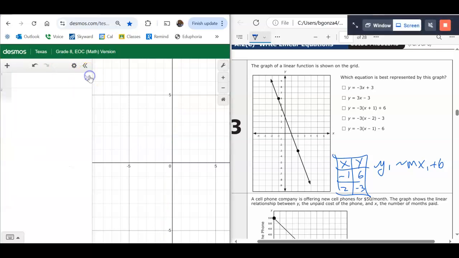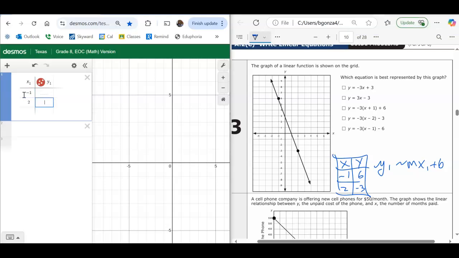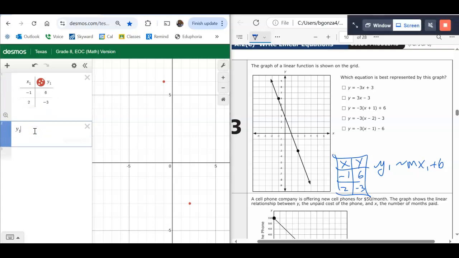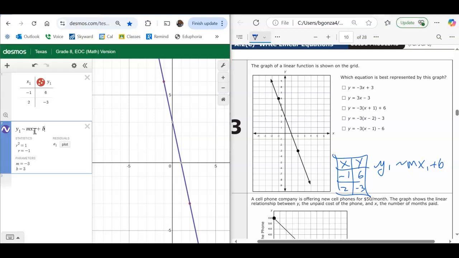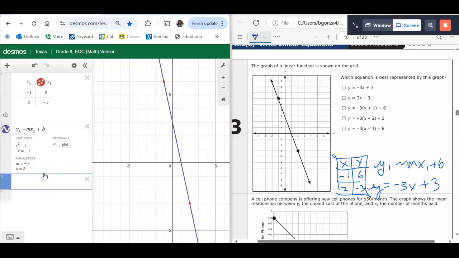So negative 1, 2, 6, negative 3, y1 squiggle mx1 plus b gives me negative 3x plus 3. Once again, I want to put in all my answer choices.